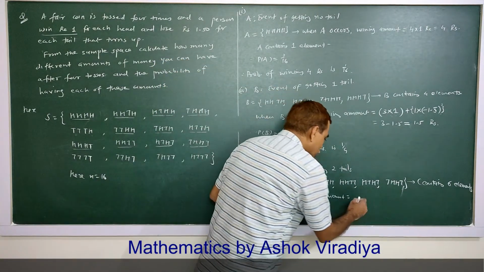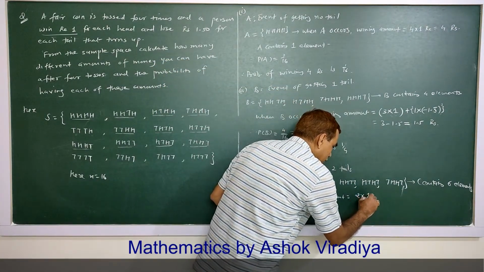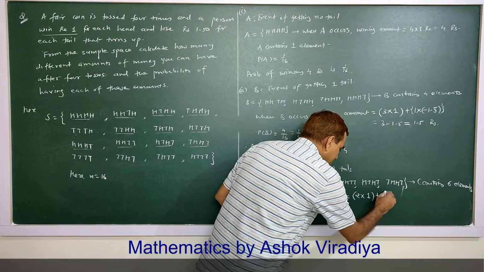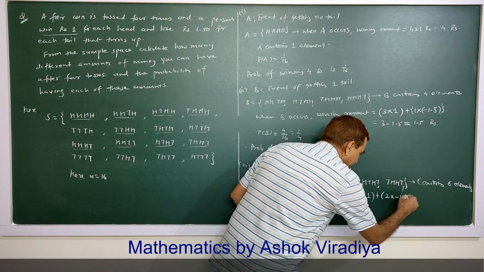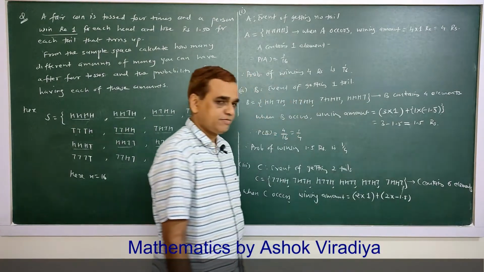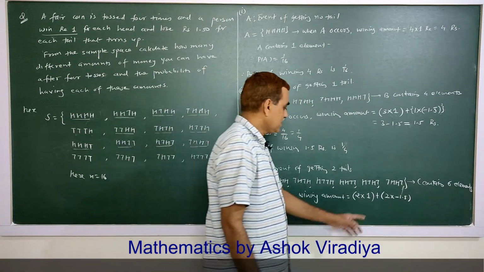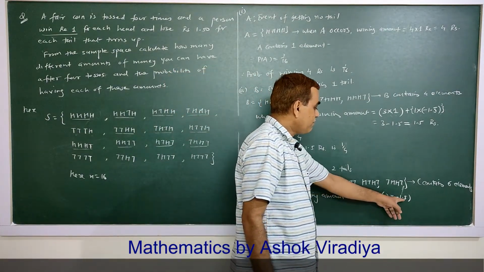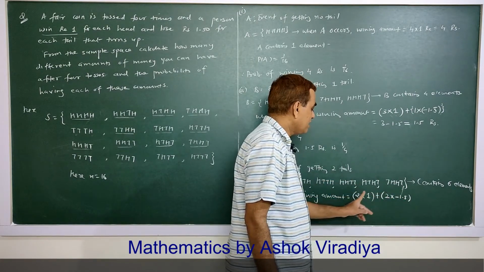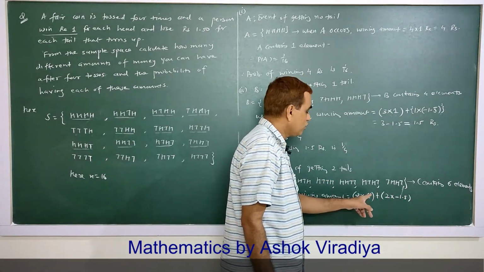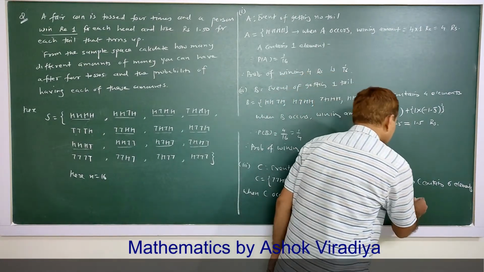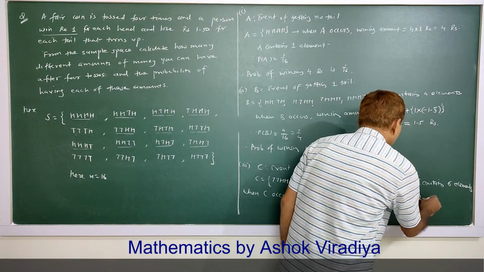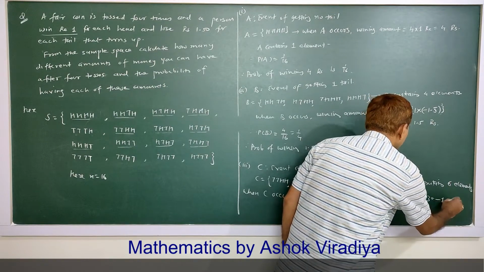So on 2H he is winning 1 rupee each, plus on 2 tails he is losing 1.5 rupees each. So 2 into 1 is 2, minus 3. So that is 2 minus 3, that is minus 1 rupee.